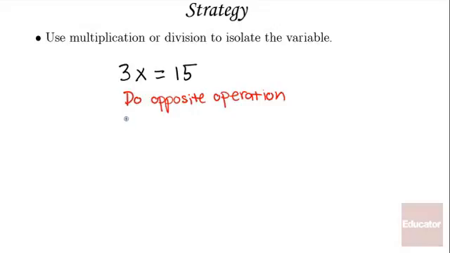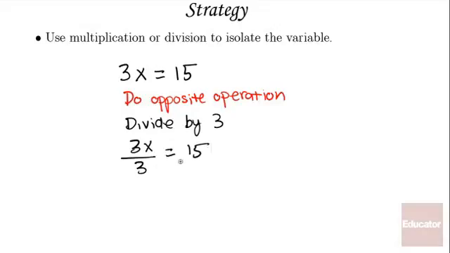So what I'm going to do is divide by 3. (3x) divided by 3 equals 15 divided by 3. Again, you absolutely have to do the same thing to both sides or the equation will no longer be true.